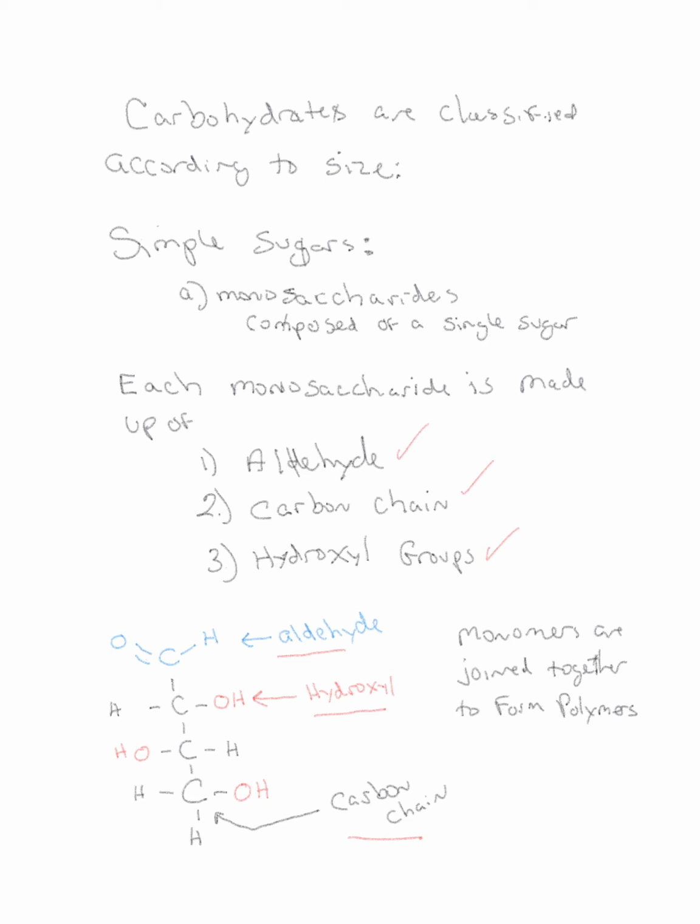So there's a carbon here, a carbon here, and a carbon here. And the lines between the atoms indicate a covalent bond. Now, these monomers can be joined together in long chains, or they can form rings or other structures, and that would be referred to as a polymer if you join several of them together or more.